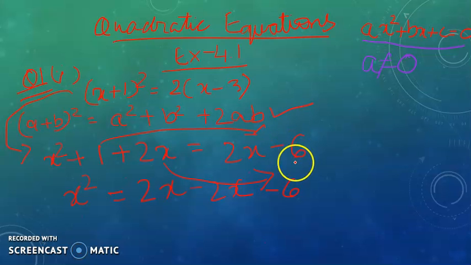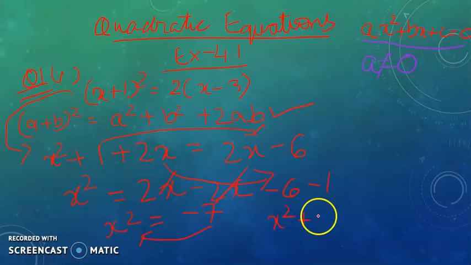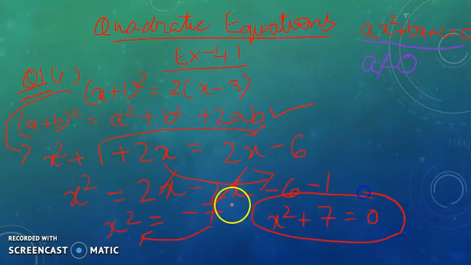This plus 1 on the right side becomes minus 1. So x square is equal to, the plus 2x and minus 2x cancel, so minus 7. I take this minus 7 to the left side, so x square plus 7 is equal to 0. So this is what I am getting: x square plus 7 is equal to 0.